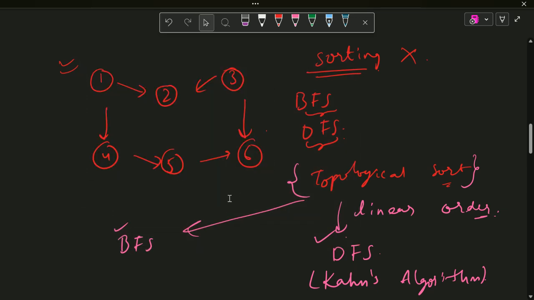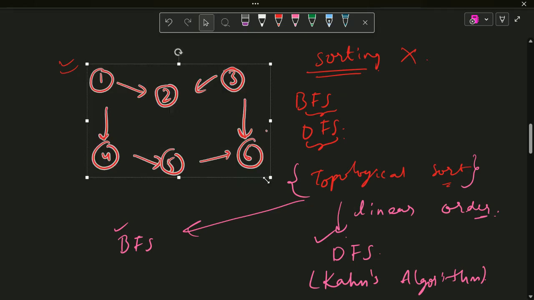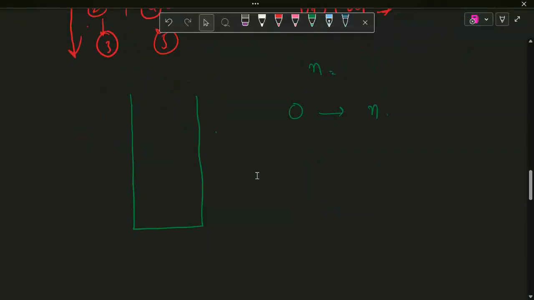Generally it will be starting from 0, but suppose it starts from 1. Let us see by keeping it as 1 and solve the problem. I am discussing only the topological sort, my dear friends, not the problem statement. That is, we are tracing from 1 to n.